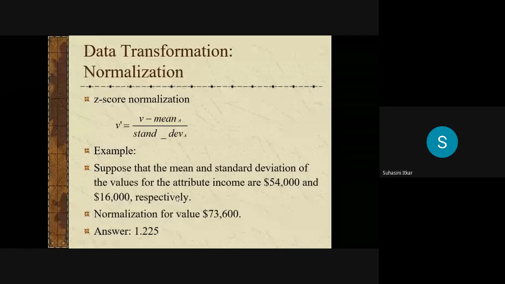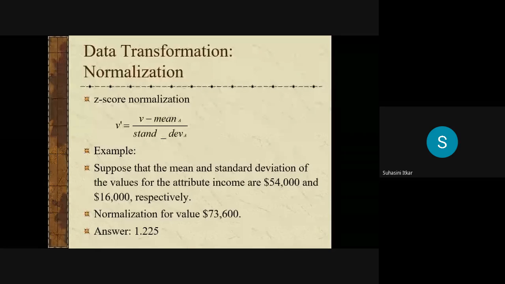Now in this example the mean value is given directly as 54,000 and the standard deviation as 16,000. You are expected to normalize v, which is given as 73,600. Give the answer in the chat window.